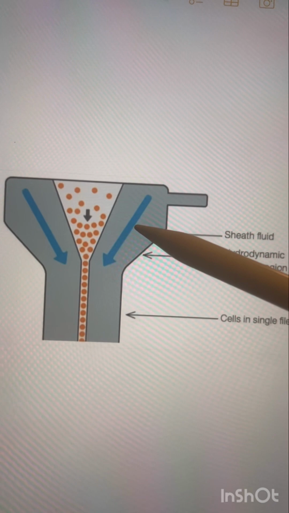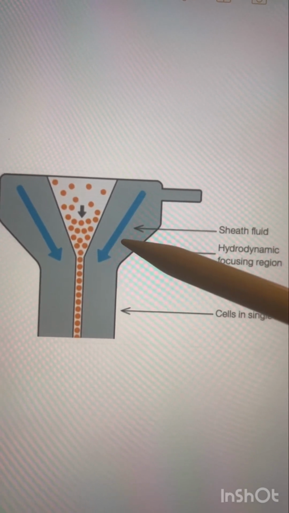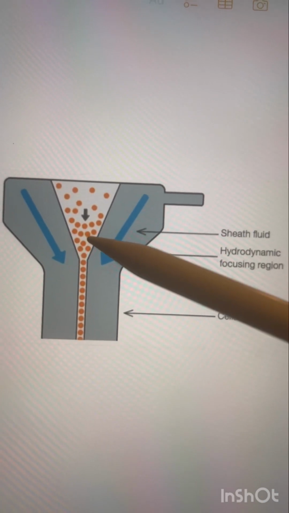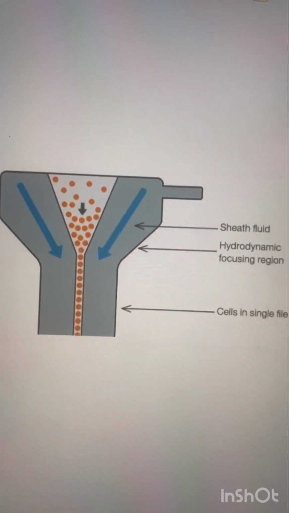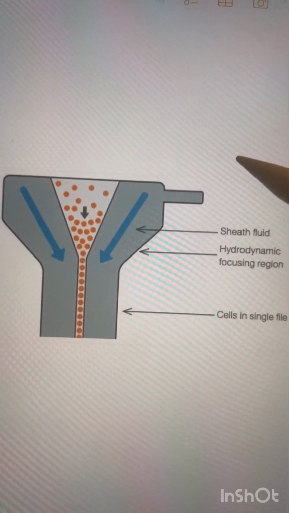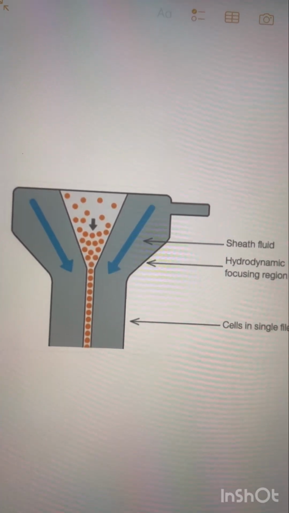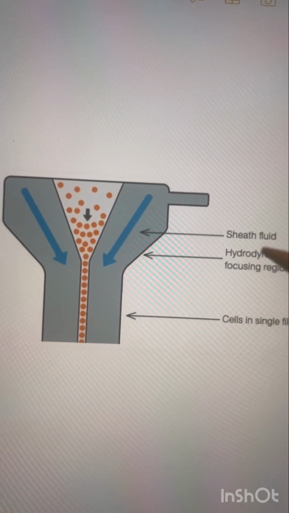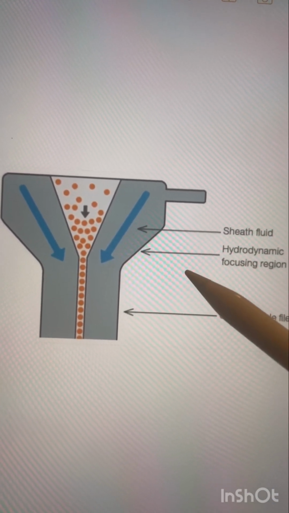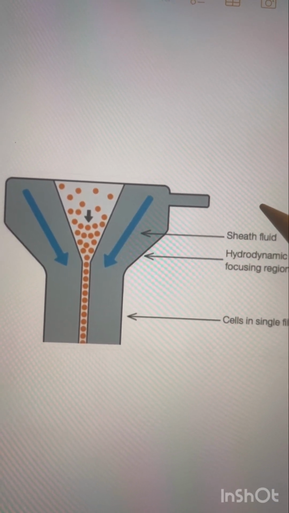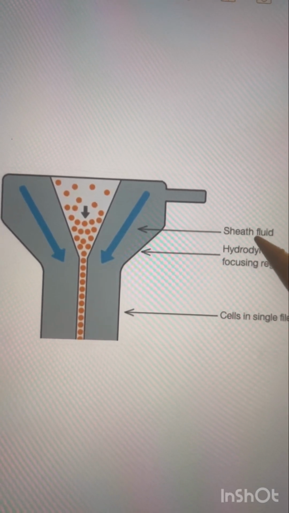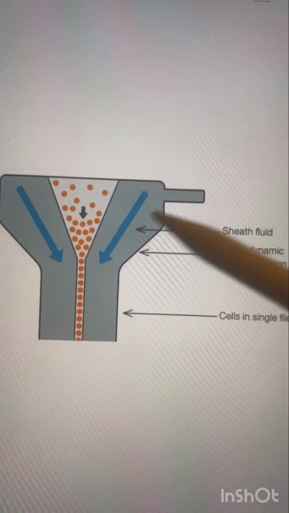When the volume of sheath fluid is higher than the volume of core fluid, then hydrodynamic focusing happens. This creates a fluid system where cells move forward at a very discrete pace. Cells always stay in the middle position.